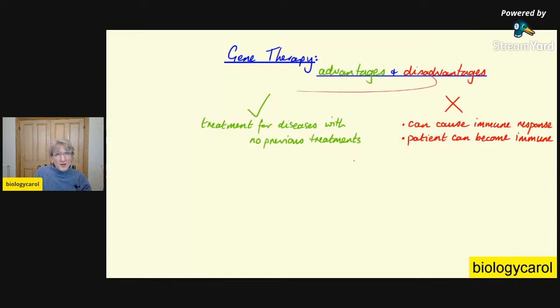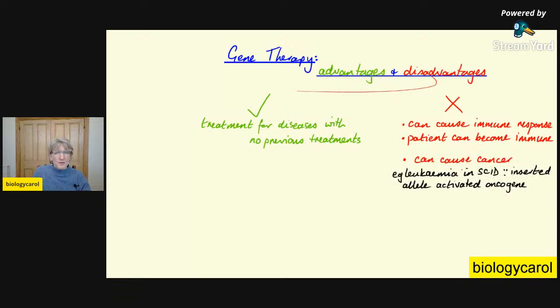And, dare I say, possibly more importantly, the patient can become immune to that virus because their body's immune system has been able to fight it successfully and has those memory cells in the blood waiting for a second infection. So the patient can become immune. That means that the patient can only be treated once with gene therapy, and you hope that it works. Another issue with viral vectors is that they can cause cancer.